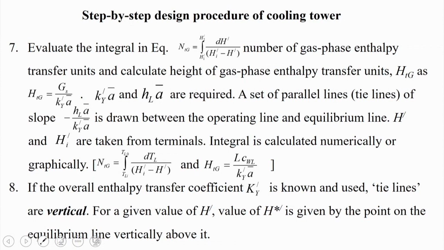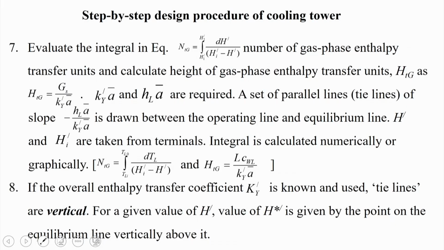We also need to calculate the height of the gas phase enthalpy transfer unit, HtG, which is equal to Gs by k y prime into A bar. The k y prime A bar and HL into A bar will be supplied for the calculation of the cooling tower for the air-water system.